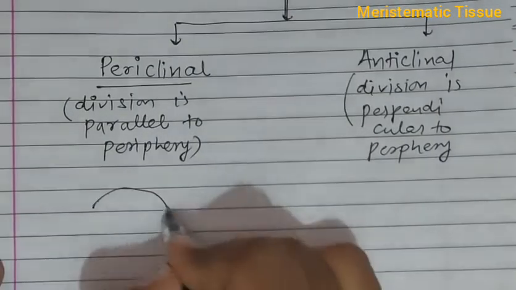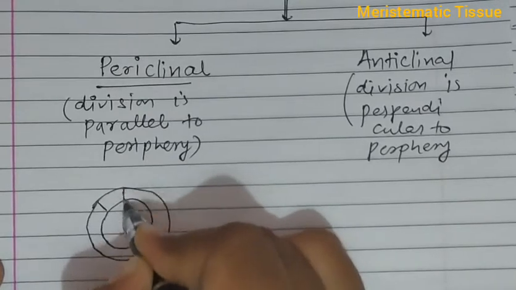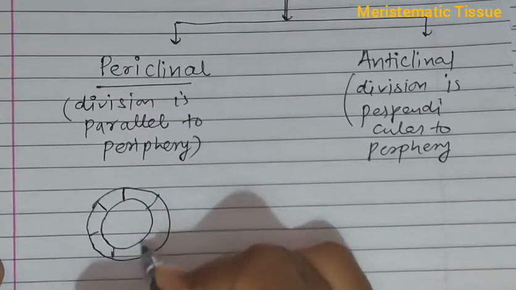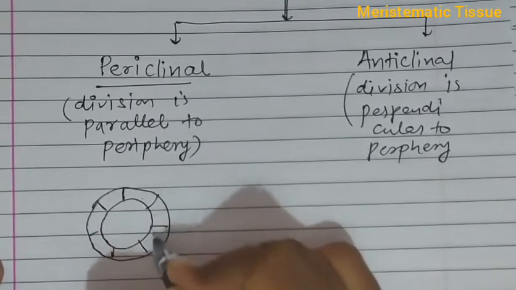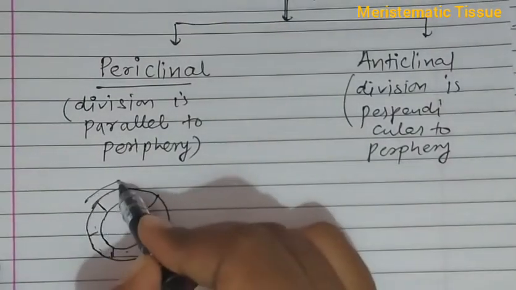So if this is a layer of cells, okay, these are the cells. Okay, we have formed this layer. So 1, 2, 3, 4, 5, 6, 7, these cells are there, and this is the periphery.